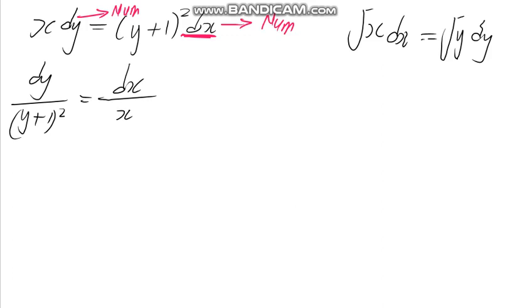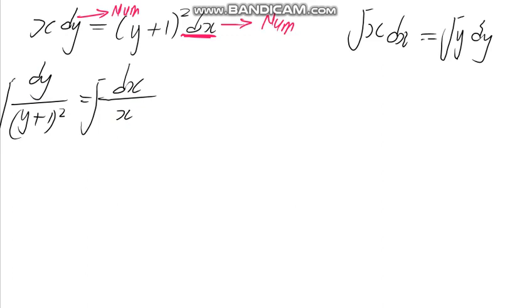Since we simplified, the like terms are grouped. You've got dx with the variable of x, and dy with the variable of y. Now we can introduce the integral sign on both sides.